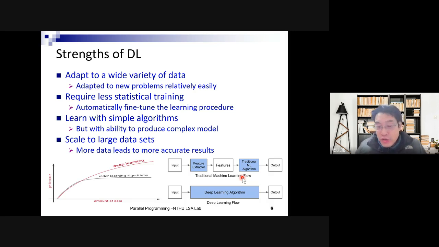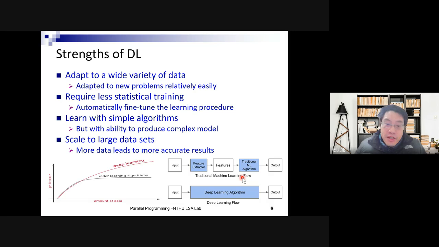It's not guaranteed to get a better result, but you can get results. It's easier. You can construct the network in a modular manner, so you have more flexibility, basically.